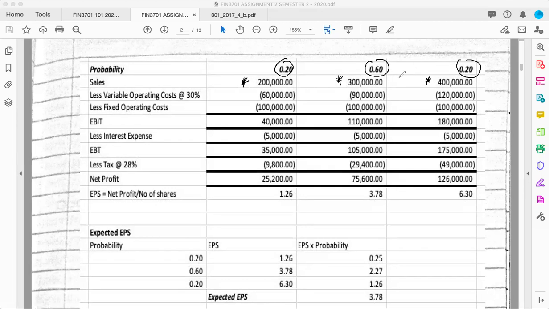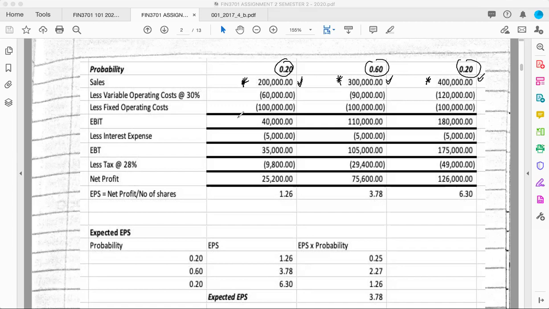So we now recreate the income statement, but we look at the income statement under each of the probabilities. So at 20% probability, we have 200,000 in sales, at 60% we have 300,000 in sales, and at 20% we have 400,000 in sales.